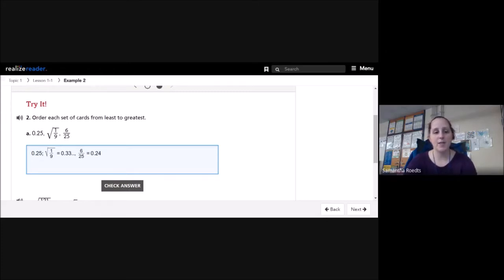So the smallest of these is 6/25. Then I have 0.25, and then the square root of 1/9 because that's 0.33.